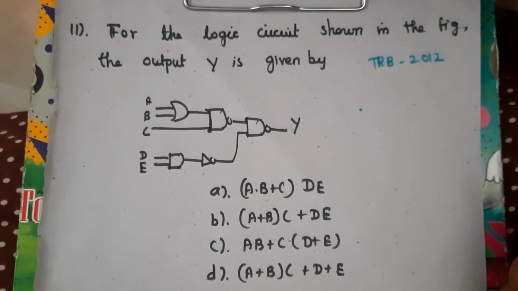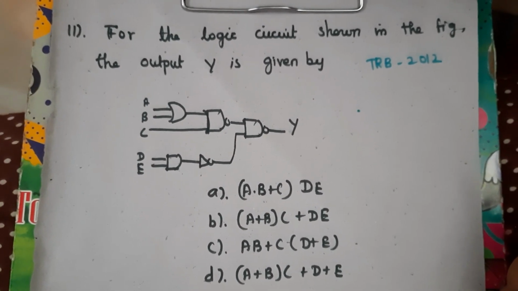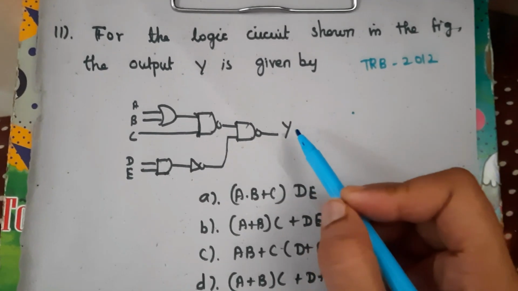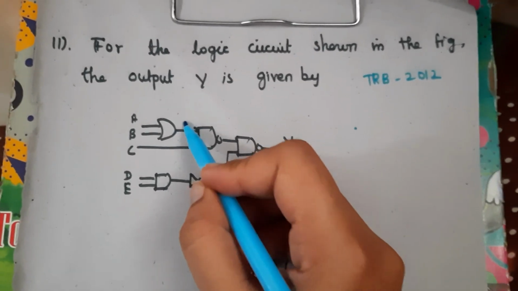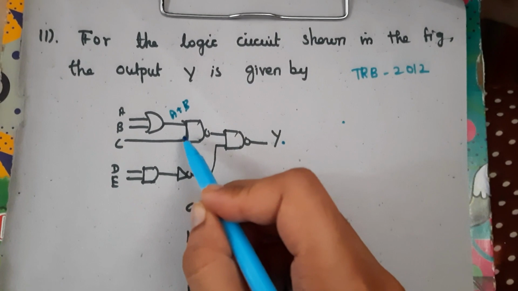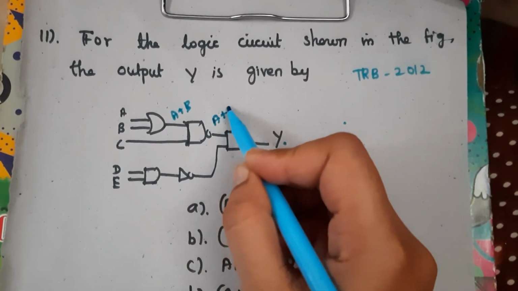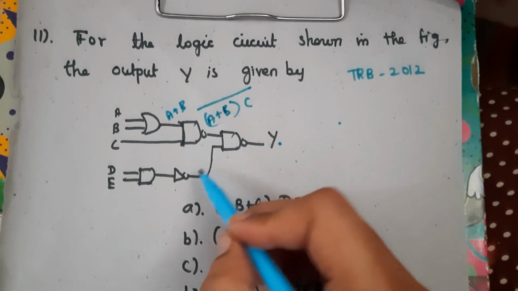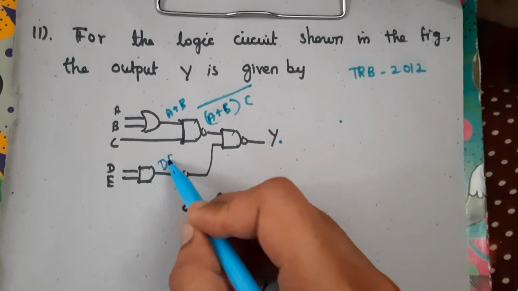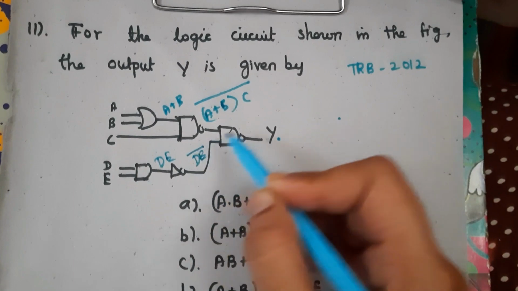Next question. For the logic circuit shown in the figure, the output Y is given by, and this is Y. So considering this Y, we will get A plus B here, and we will get A plus B into C the whole bar here, and here DE, and this becomes DE bar here.